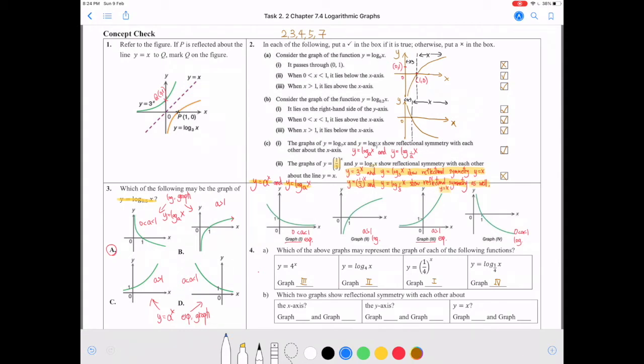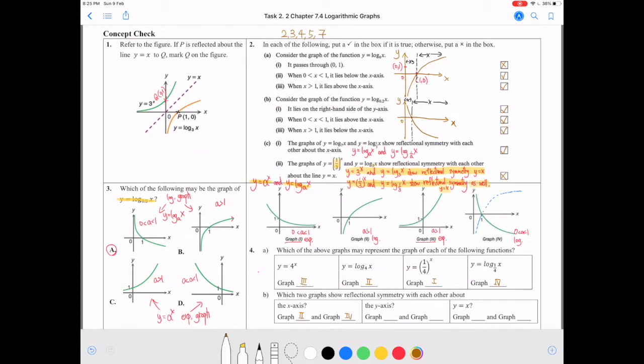I move the second graph to the fourth graph, okay? Do you see these two graphs? They show reflectional symmetry with each other about the x-axis, right? So that means graph 2 and graph 4.